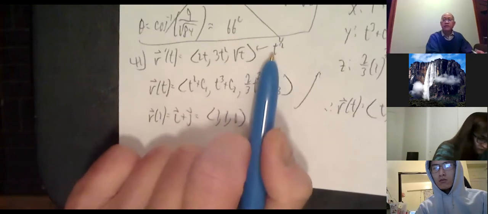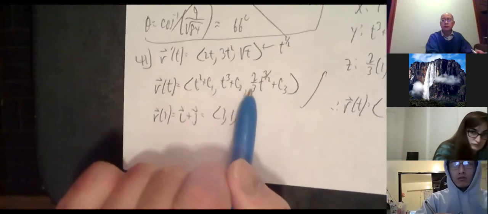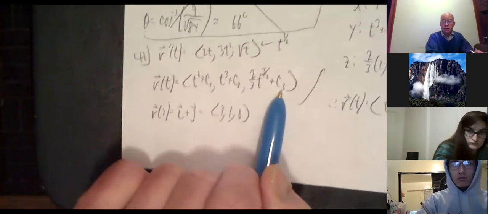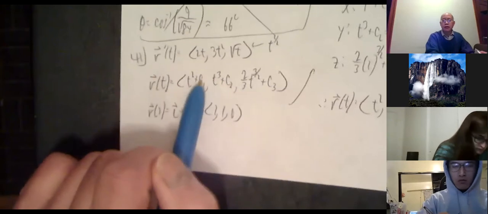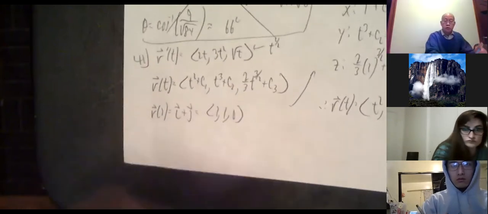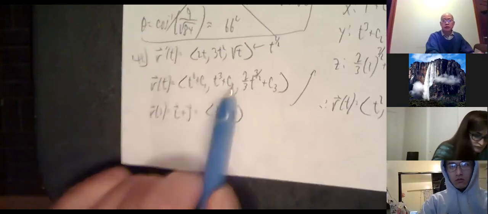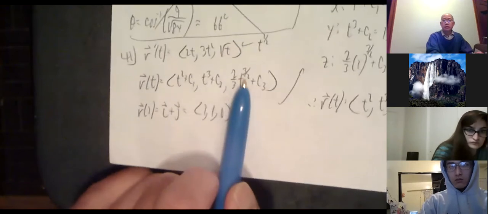Integral of t to the 1/2 is t to the 3/2 divided by 3/2, which means times 2/3, plus c3. You can't just put c plus c plus c. Within the same problem, if I did that, then you're implying that all the c's have to be the same, which they certainly are not. So for this indefinite integral, there are 3 parts: integrate plus c1, integrate plus c2, integrate plus c3.